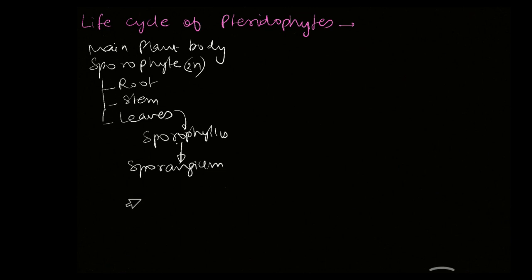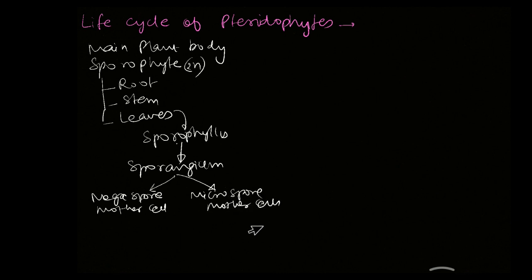In these sporangia the microspore mother cells and megaspore mother cells are formed, and in these mother cells the meiosis division occurs.